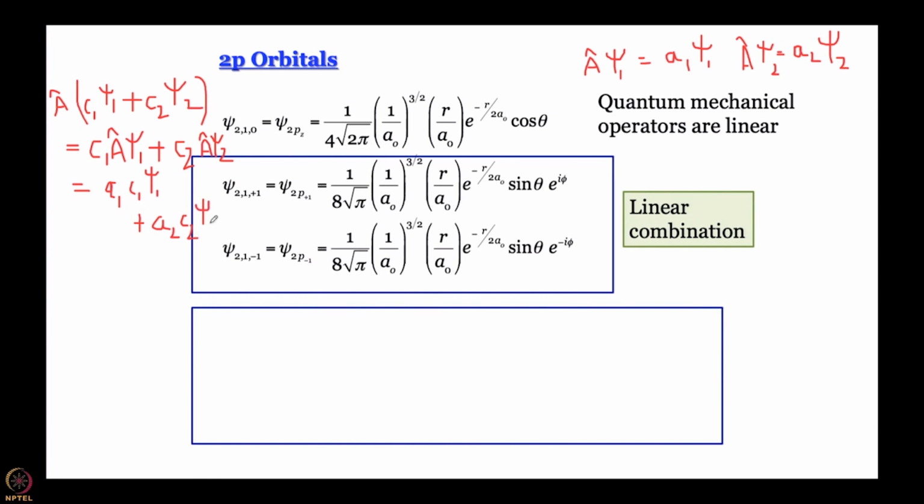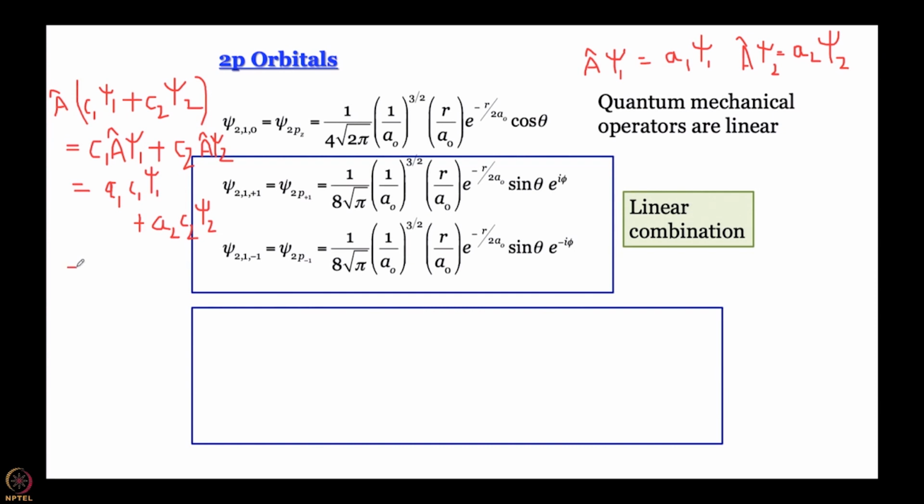Should have actually included this in the slide itself. So, now see, if this is to be an eigenvalue equation, what is the condition? Eigenvalue equation means this C1 psi 1 plus C2 psi 2 should somehow be able to go into a bracket. That is only possible if you can take out A1 and A2.